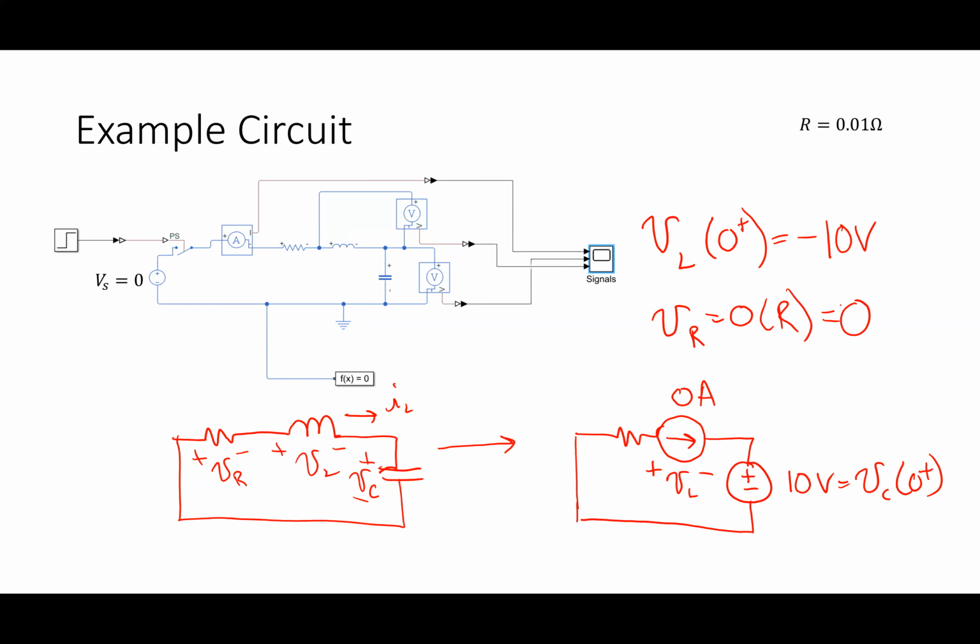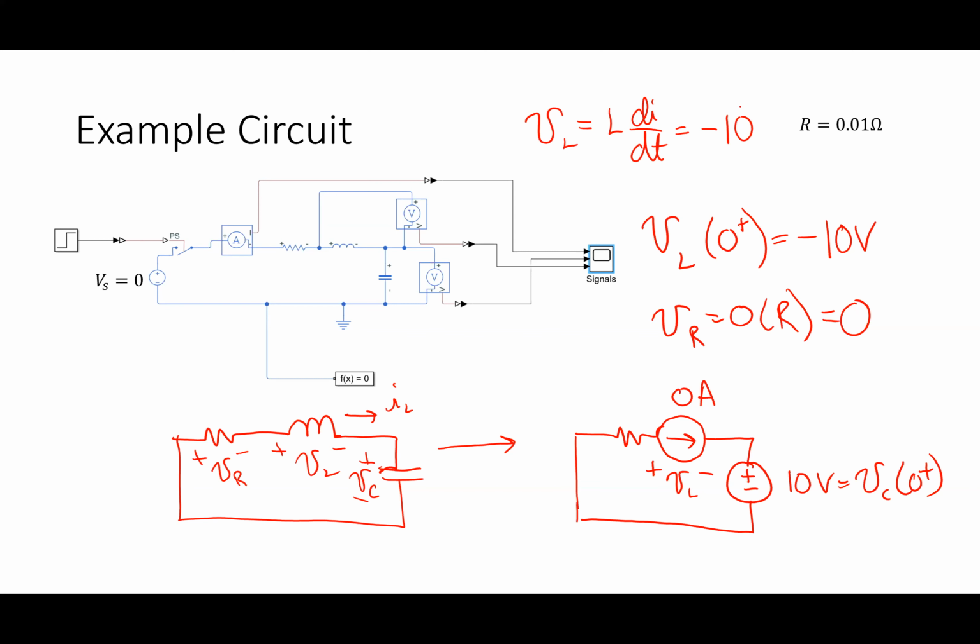So now I've got what VL is. If I have what VL is, I know that VL equals L di dt. So now I have that -10 equals L di dt. Now I've gotten the term I need for the second initial condition. Okay, I know what the derivative of the current is at t equal to 0.